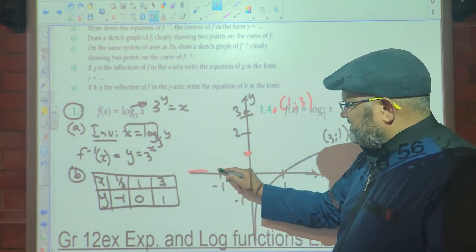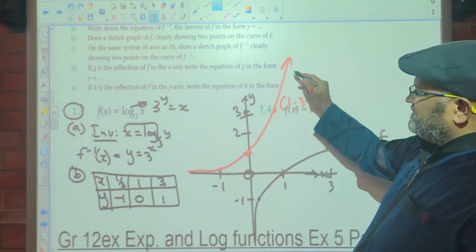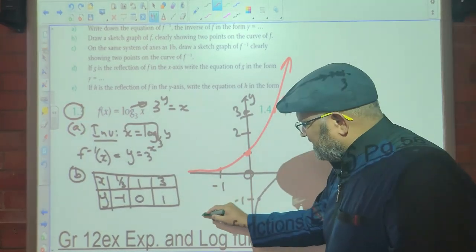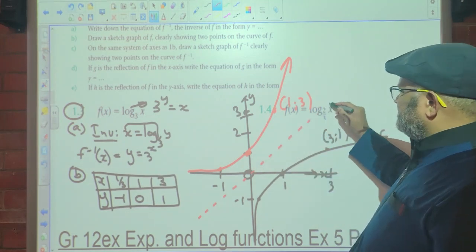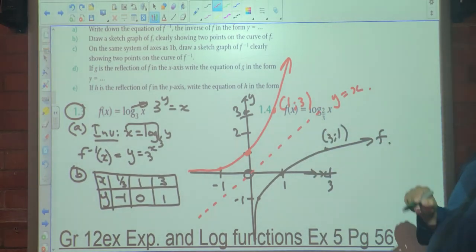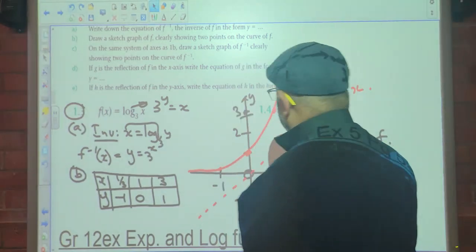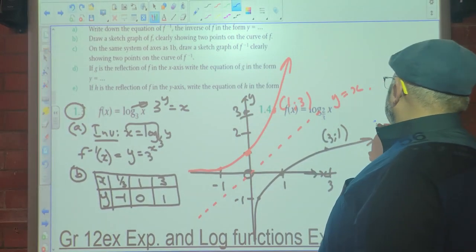That is an increasing exponential function. This is an asymptote, the graph comes close but never touches, and we would have the line y is equal to x going through. It's really simple, no? So that is C's answer.